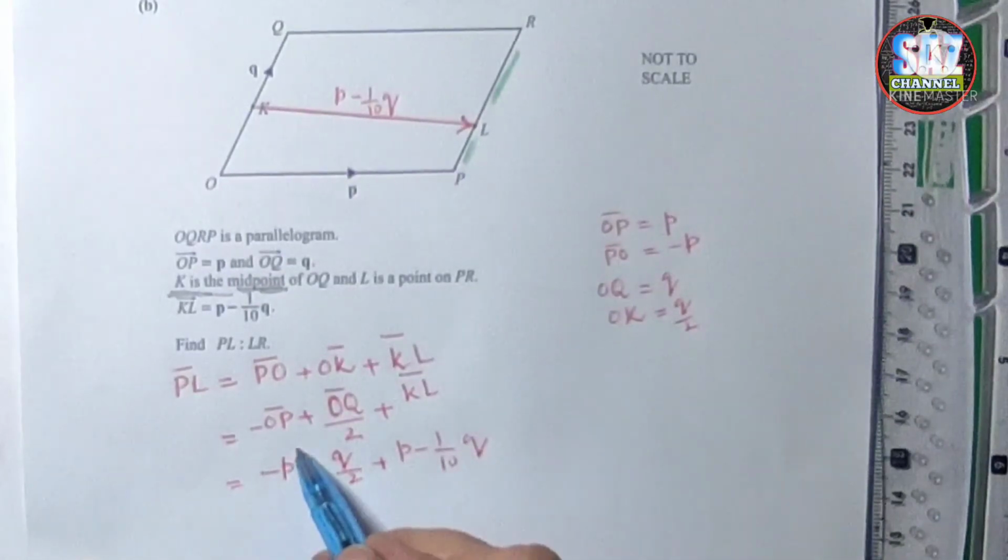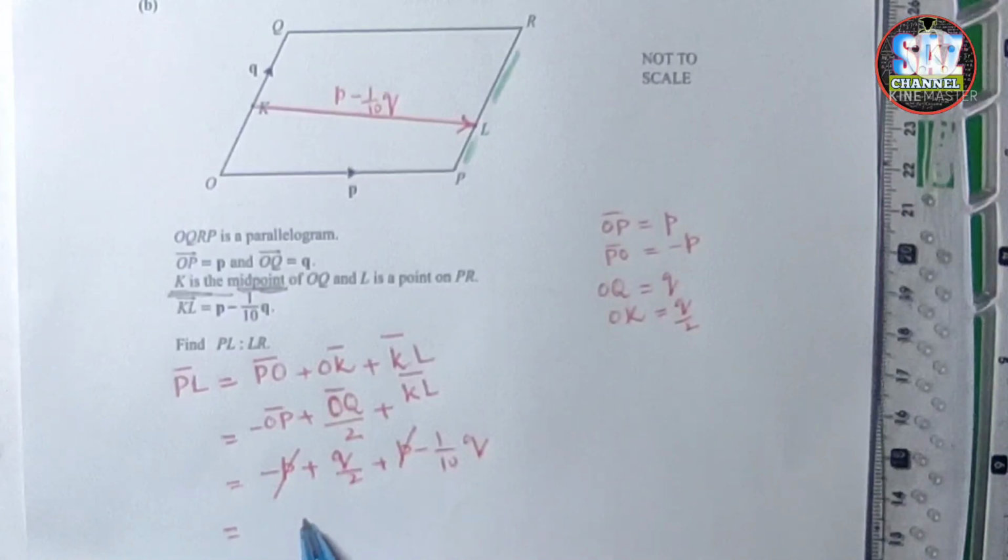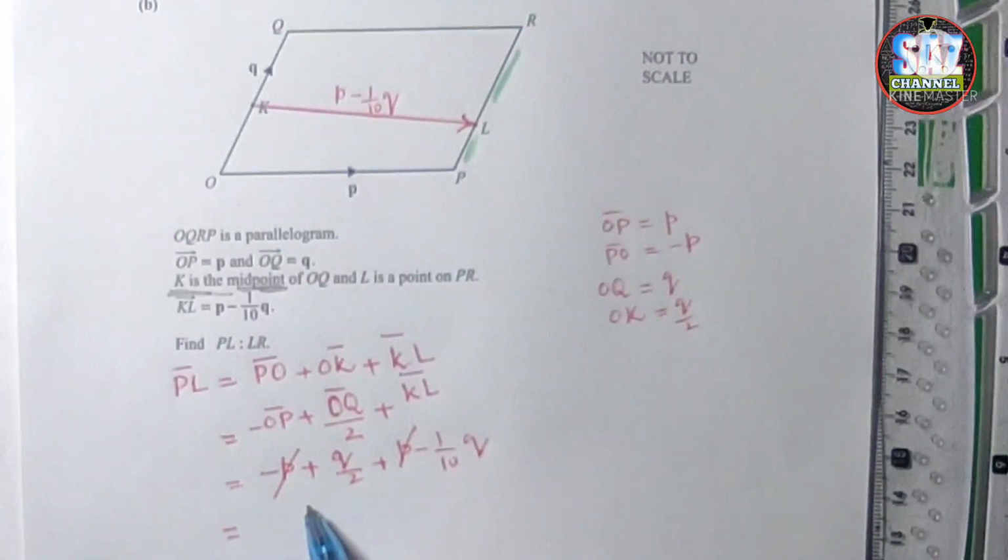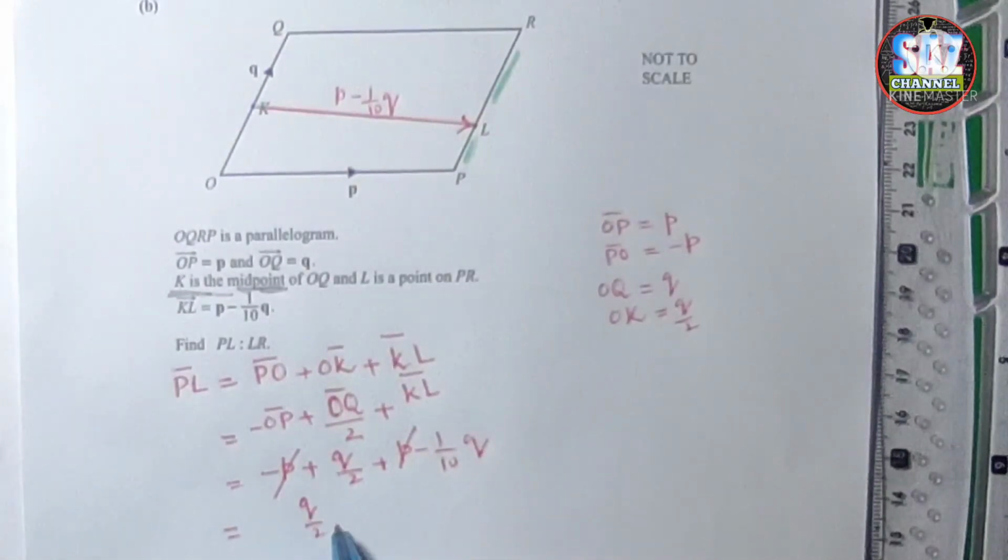Now look, students, these are like terms. They can go easily, and we are left with Q by 2 minus 1 over 10Q. Then we have to take the LCM.